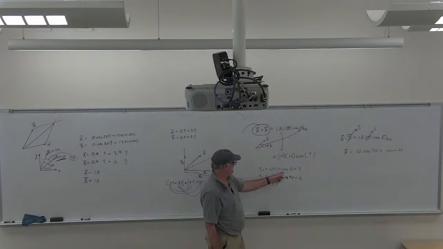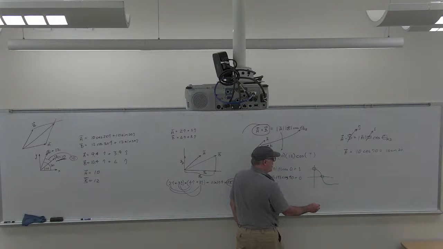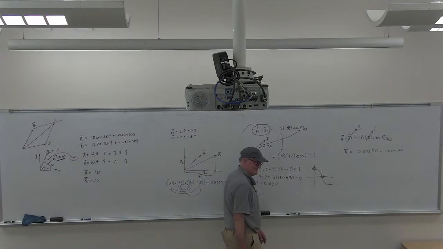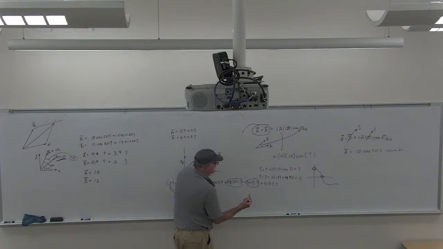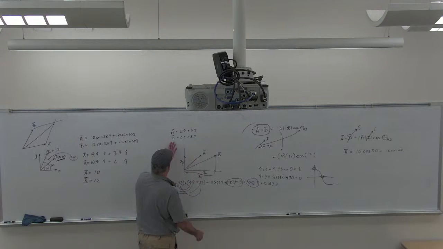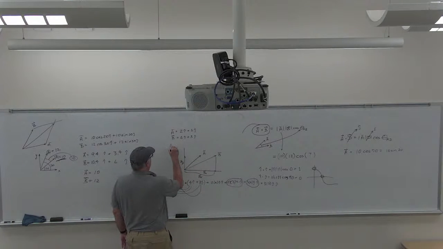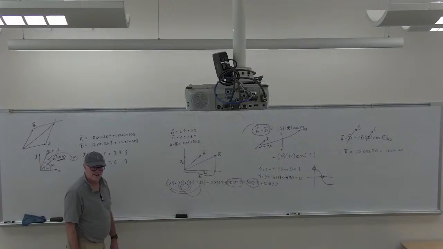So, cosine 0. Cosine goes like this. Like that, so 0, 1. Oh, no, 1, 0. So what's the value of i dot j? 0. i dot i is 1. So if I want to dot these two, it's just 2 times 4 plus 3 times 3, right?